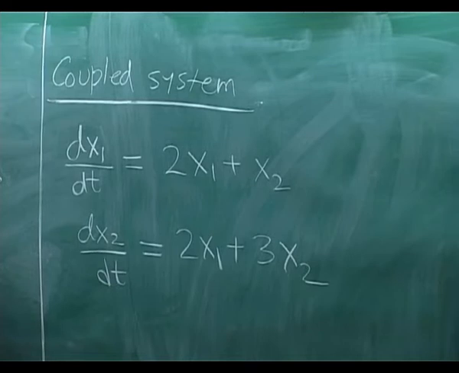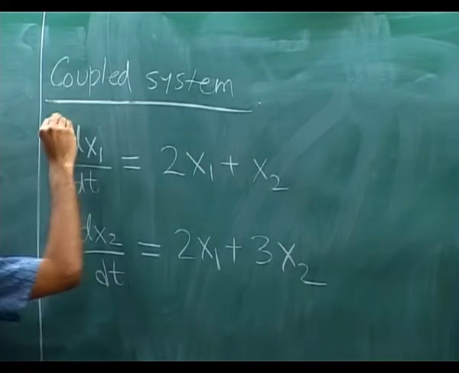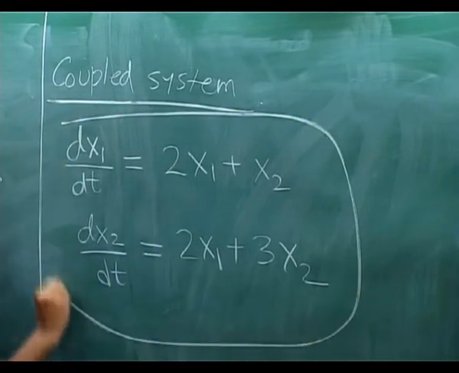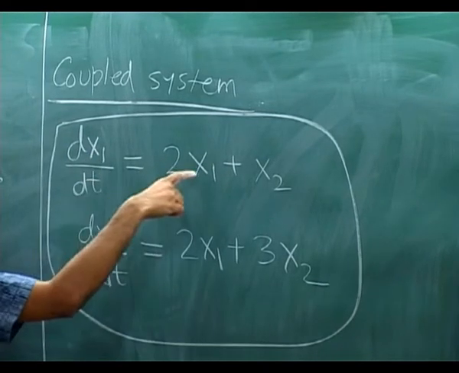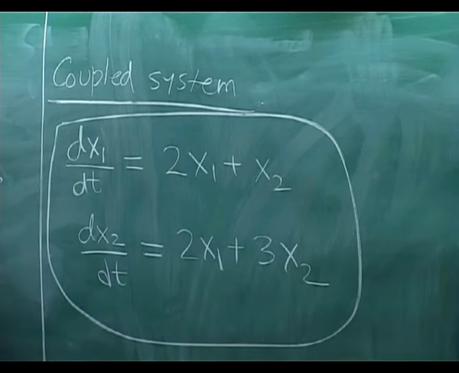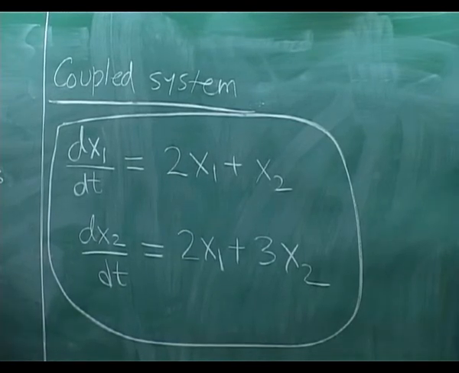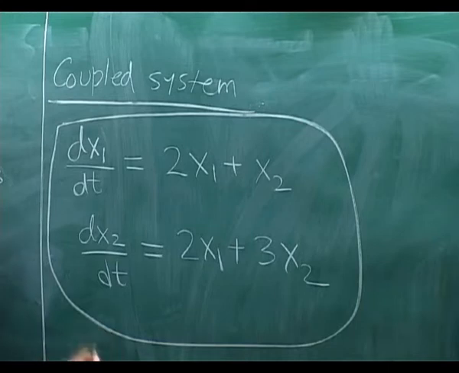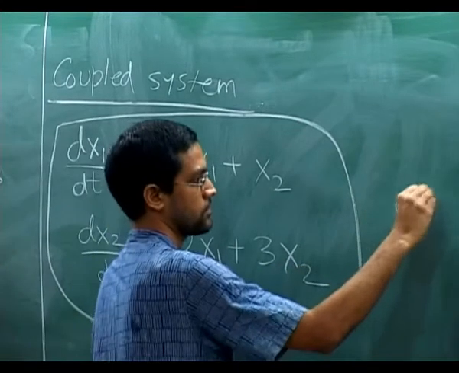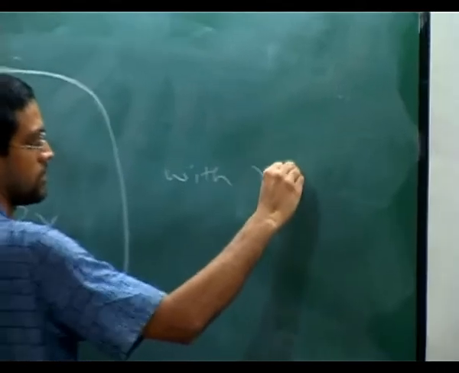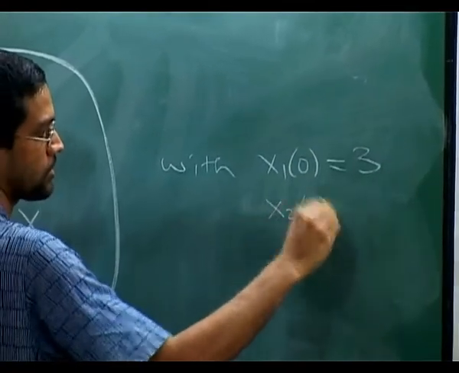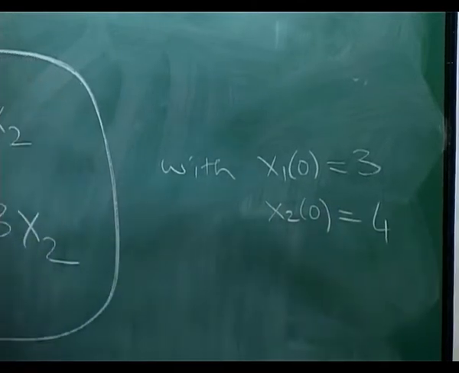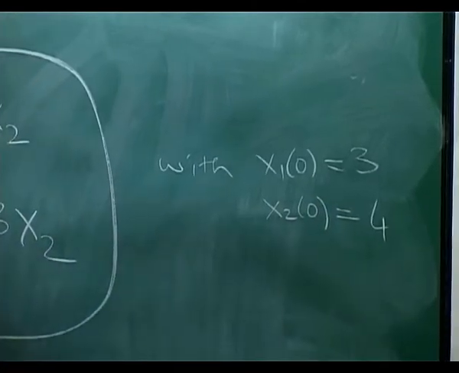I have two equations in two unknowns, but notice now that this is a coupled system in the sense that the equation for the derivative of x1 involves both x1 and x2, and the other one also involves both x1 and x2, right? And let's say I am given some initial conditions. Let's say x1 at 0 is something; this doesn't matter, I can choose any numbers I want. So try and solve this equation, that would be our question.